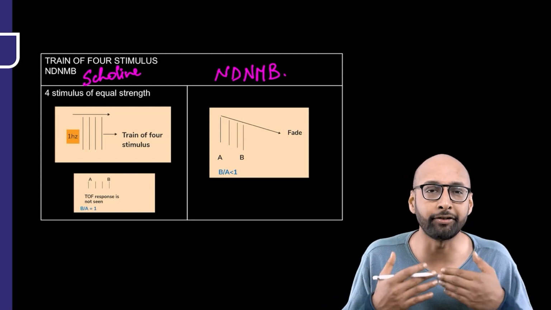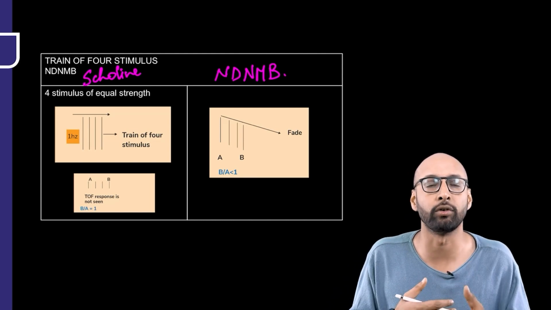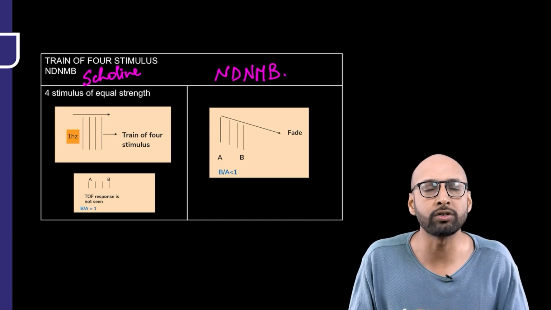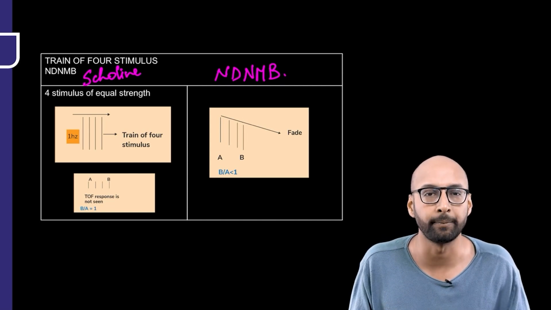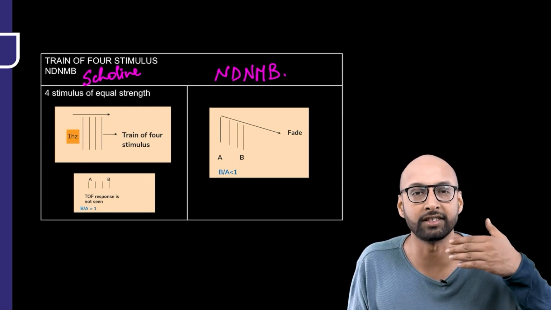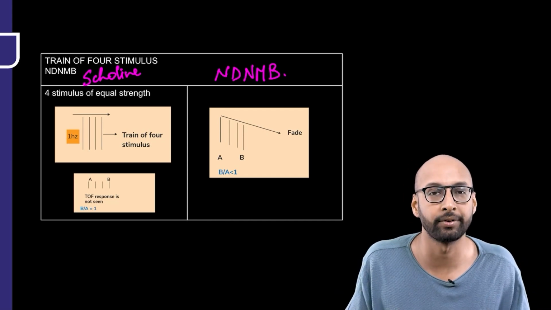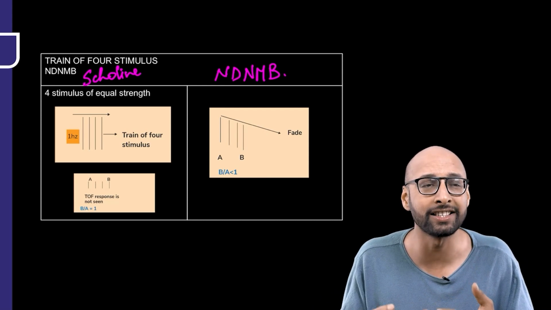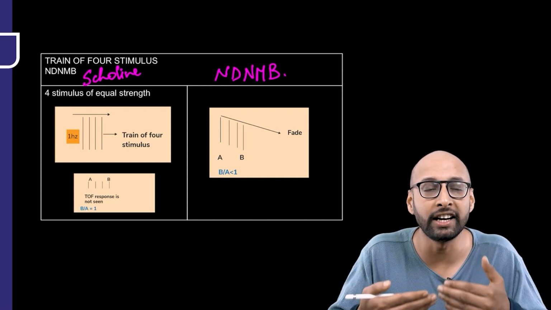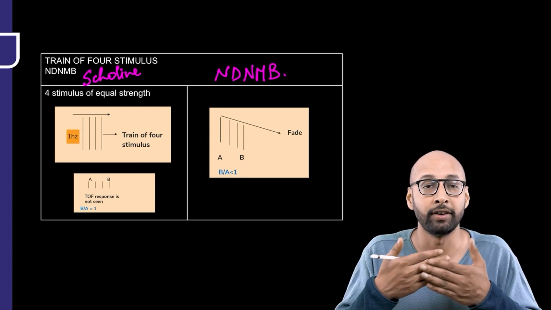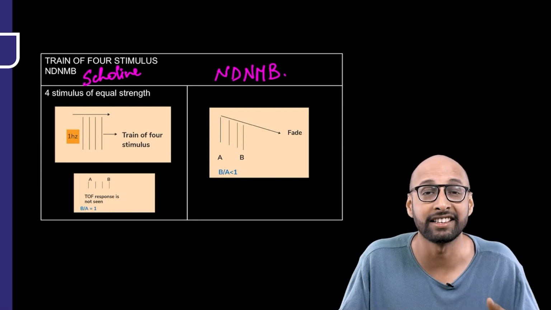For example, in the first test, that is the train of 4 response, we give 4 stimuli of equal strength, that is, a stimulus of 1 Hertz 4 times. It is to visualize at what level the muscle relaxation has been achieved. We want to test how relaxed the muscle is.